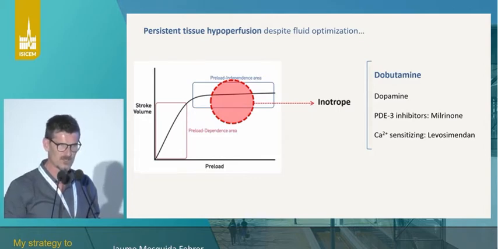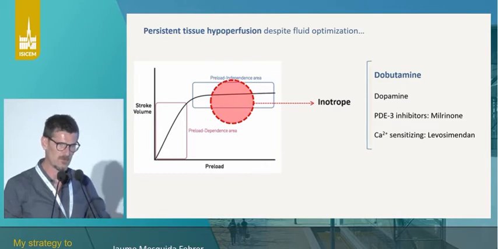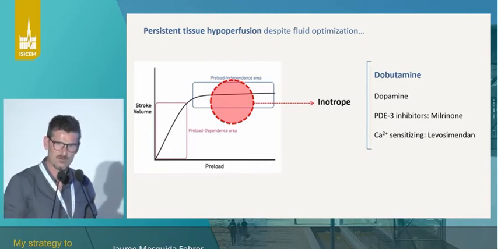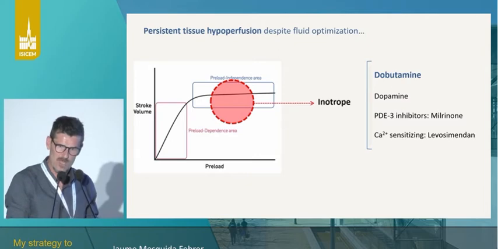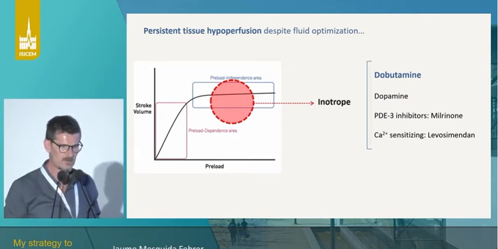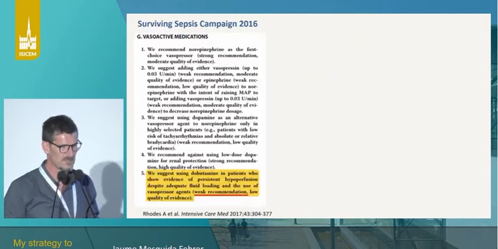There are not a lot of studies about all of them. But the first-choice inotrope in most of the guidelines is dobutamine. Probably you can use another one. For example, if you also want to increase heart rate, you can use dopamine, or if you have right ventricular dysfunction, maybe you can use milrinone. But I will talk mainly about dobutamine as a first choice.